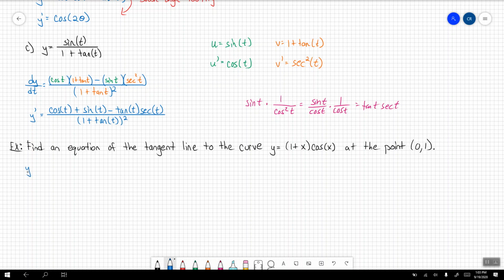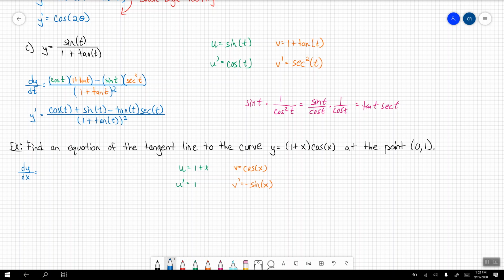And you're going to see that when we want to take this derivative, we have two different functions. So when I want to work with dy dx, this is going to be a product rule where u is 1 plus x, u prime is 1, v is cosine of x, v prime is negative sine of x, in other words, once you take the derivative of v.